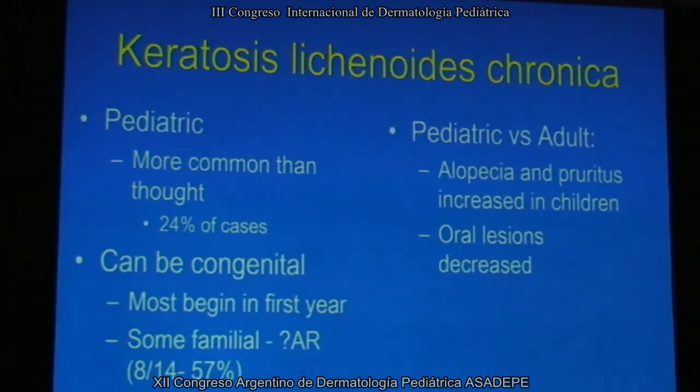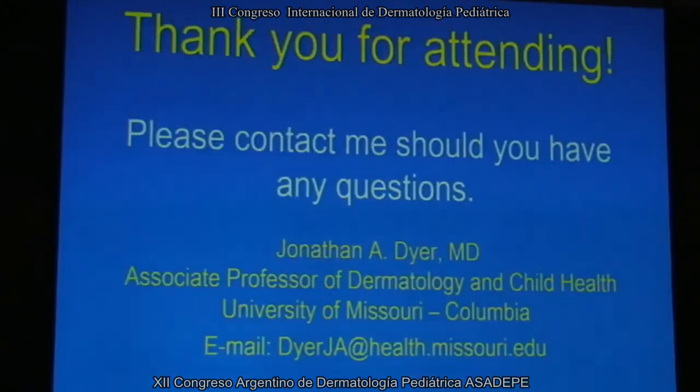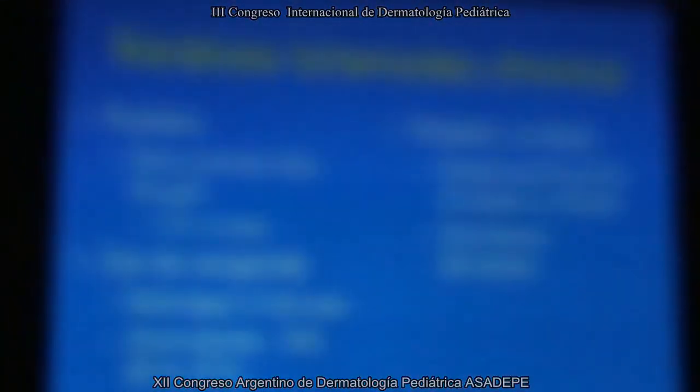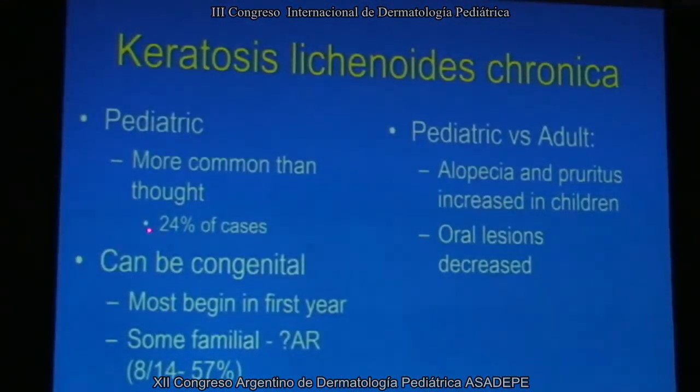While we think of keratosis lichenoides chronica as a very rare disorder, the pediatric keratosis lichenoides chronica appears to be more common than we thought, with children representing up to 24% of cases in one study.